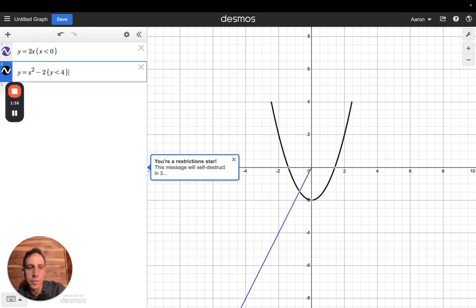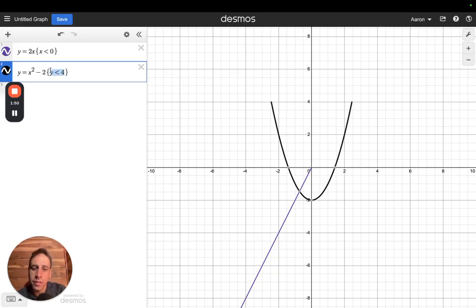So brackets help you add a restriction to the domain or to the range. And that's the tour. Actually, I don't want less than 4. This is x is less than 0, so let's do x is greater than 0. X is greater than, I'm going to press the equal sign button right now to turn it into a greater than or equal to symbol, 0.